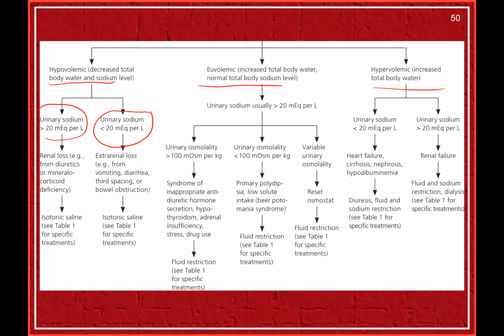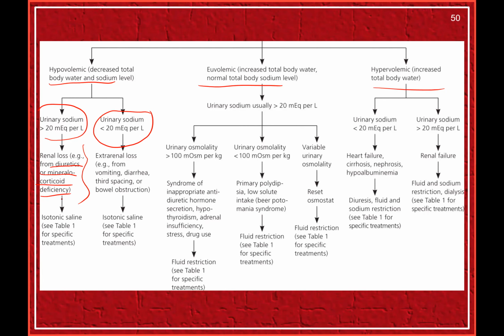If the urine sodium is more than 20, it means the kidney is wasting the salt along with the water. More salt is wasted than water: hypovolemic hyponatremia. What are the causes? Could be diuretics, could be mineralocorticoid deficiency, and there could be some other causes. The list is a little longer, but basically the kidney is losing the salt, like cerebral salt wasting syndrome and so on.